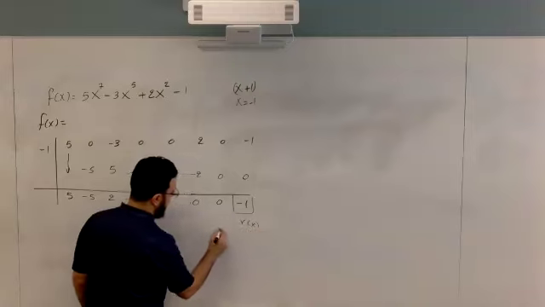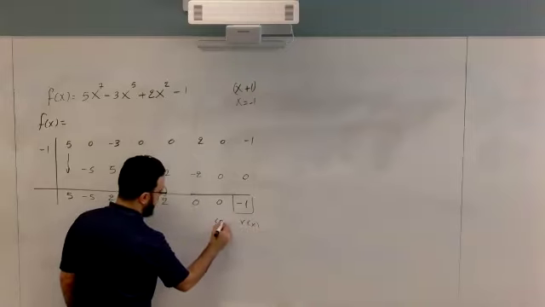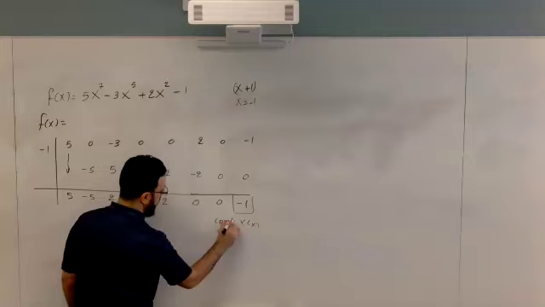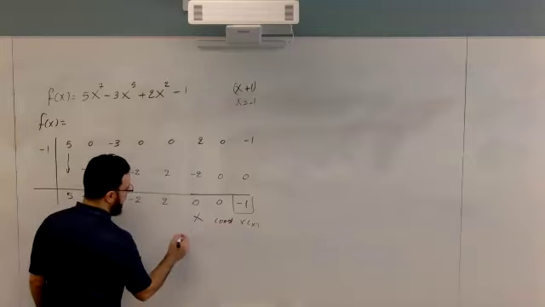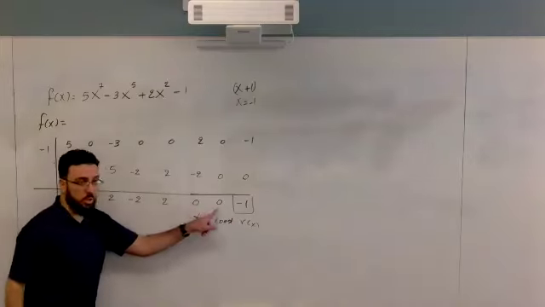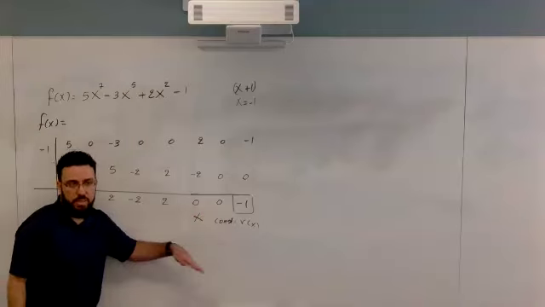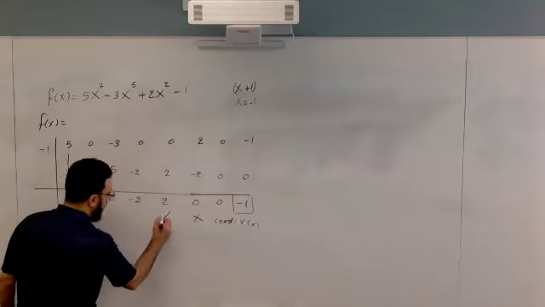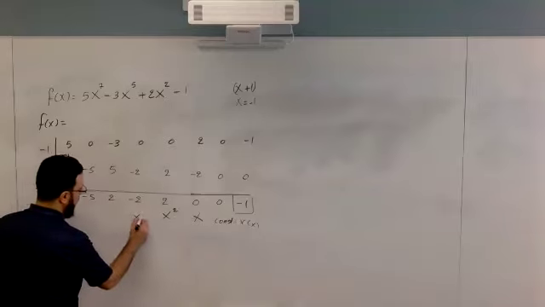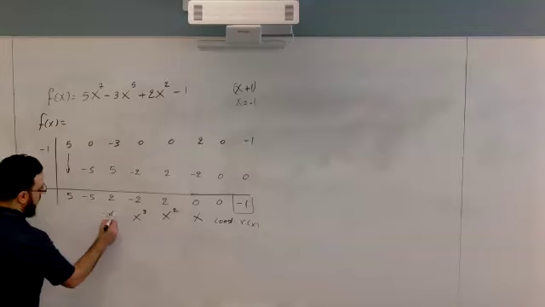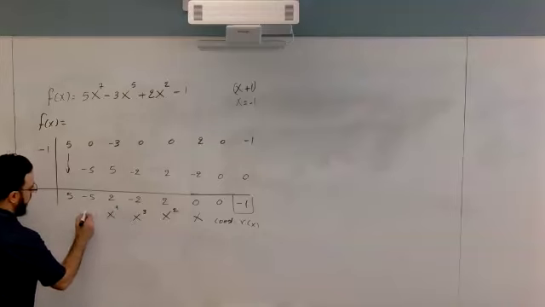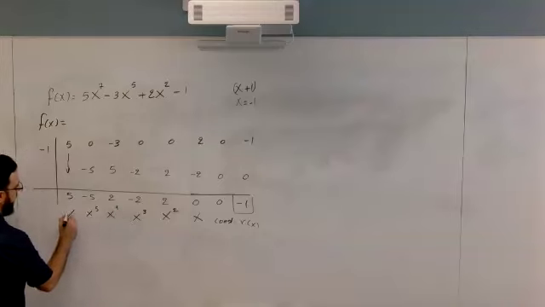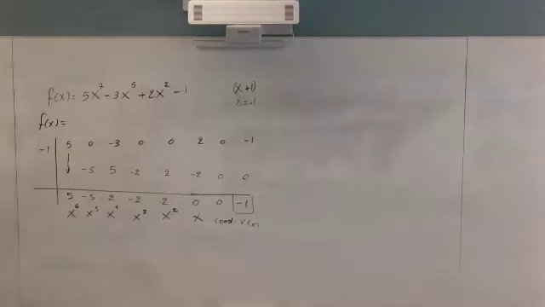R of x. This one is the constant for the x. See, I'm not gonna ignore the 0. It's still the constant, but it's 0. This is for the x. This one for x squared. This is x cubed. This one x to the power 4, x to the power 5, and x to the power 6. Is that okay?